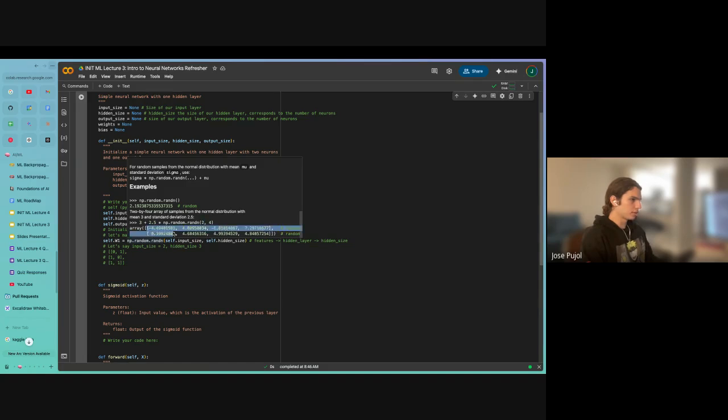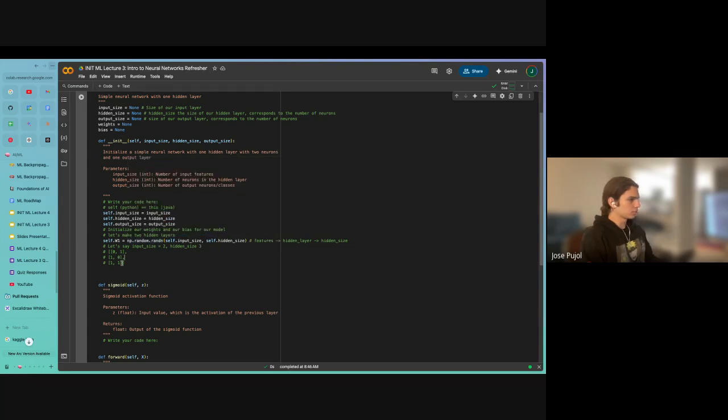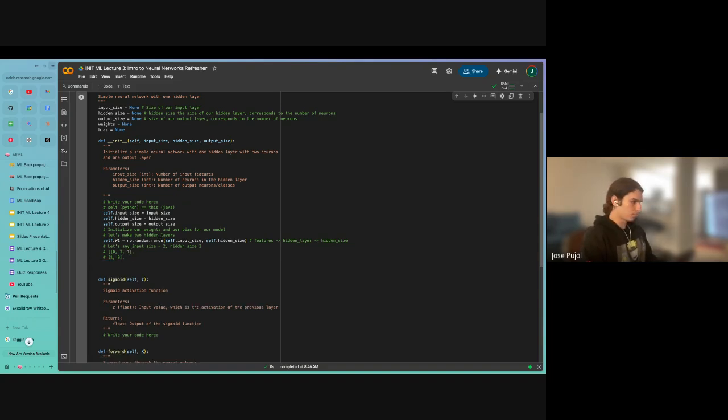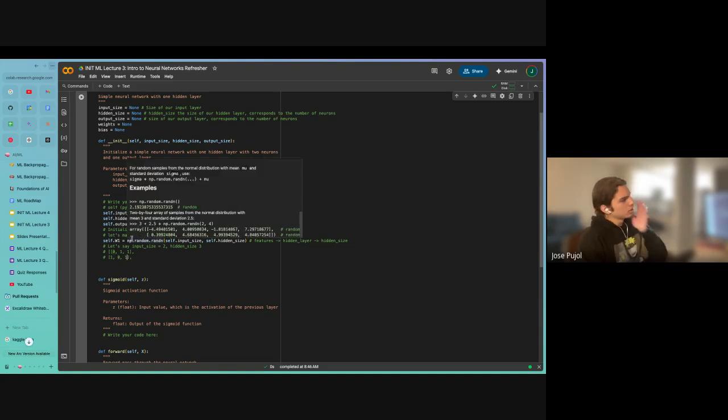So you're going to have these 2 rows and these 4 columns. So actually, if hidden size goes up to 3, then what you would have is an extra number here.